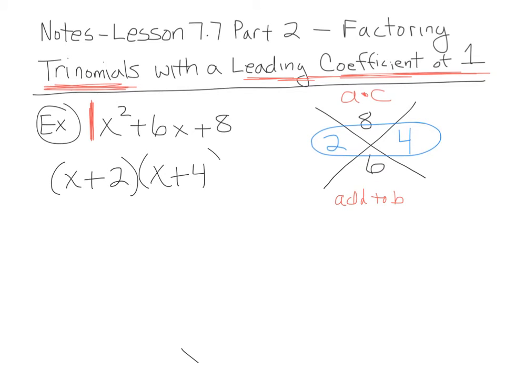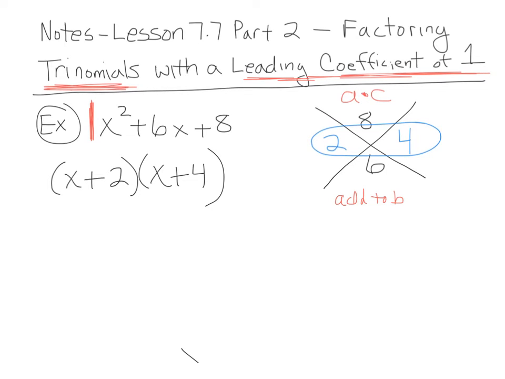You don't have to use the entire British method when there's a leading coefficient of 1. Okay, so that might save you some time. You're still looking for the factors of A times C, factors of 8, and we want them to add up to B, which is 6. And 2 and 4 work. 2 times 4 is 8, and 2 plus 4 is 6.